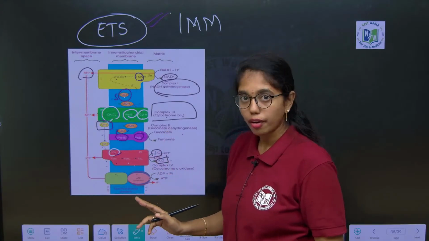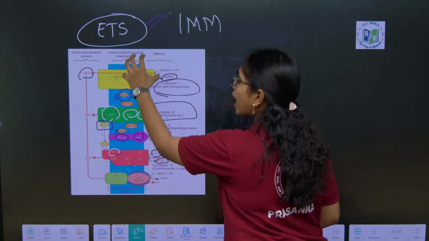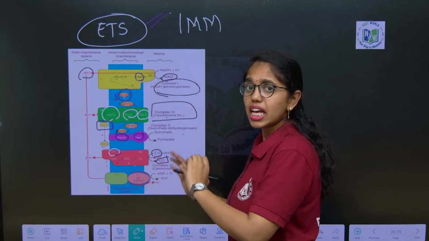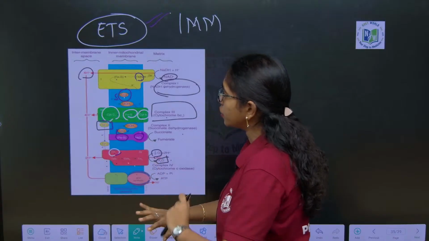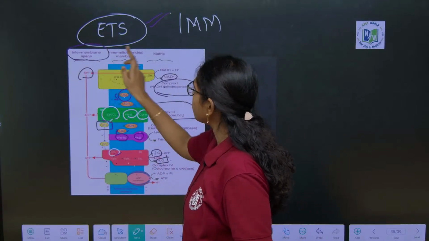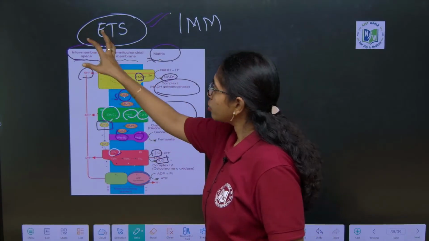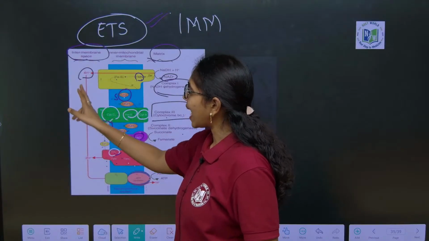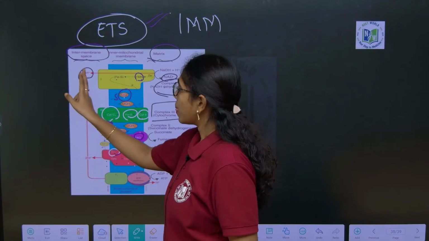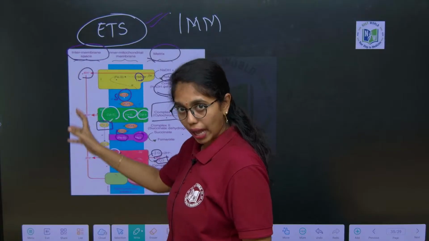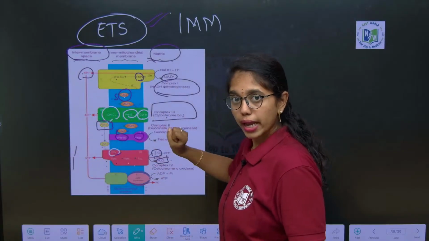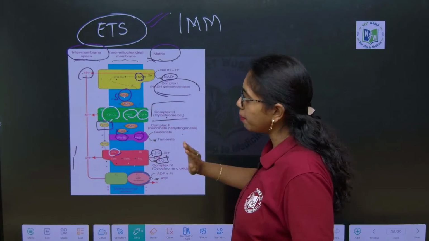the formation of water. After this complete ETS process, a proton gradient is generated between the intermembrane space and the matrix. So, in the intermembrane space you can see the accumulation of protons, that is 4, 4 and 2, like accumulation of protons due to ETS, and fewer protons in the matrix.